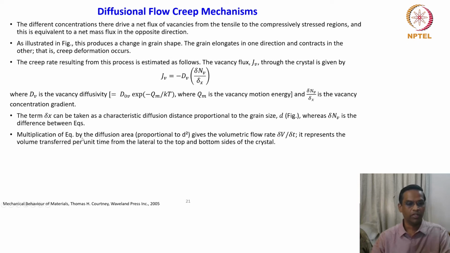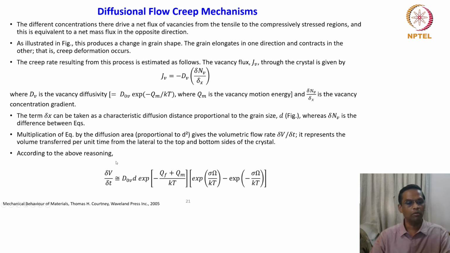Multiplication of the equation by the diffusion area, which is proportional to d squared, gives the volumetric flow rate. What is the volumetric flow rate? ΔV by Δt. So the vacancy flux is now equated to the volumetric flow rate. It represents the volume transferred per unit time, ∂V/∂t, from the lateral to the top and bottom sides of the crystal.